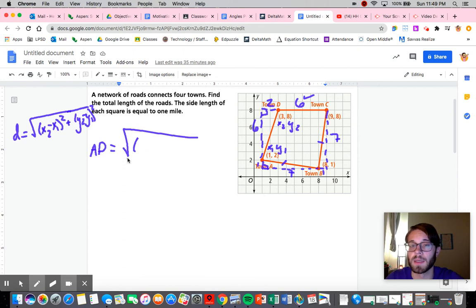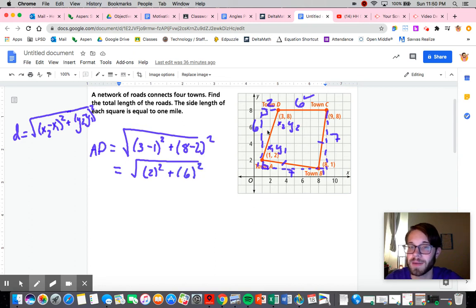You just have to be consistent. So we're going to do 3 minus 1 squared plus 8 minus 2 squared.